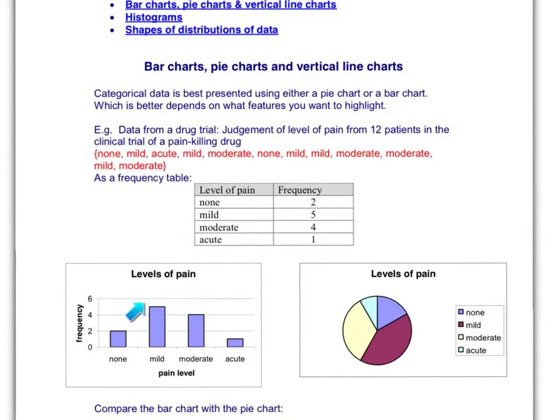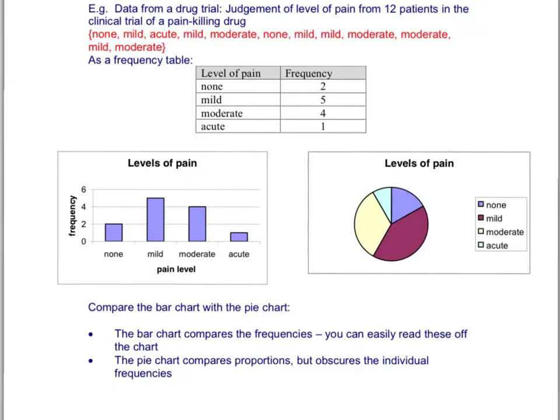And over here we've got a bar chart and then a pie chart. We know the total angle equals 360 degrees around this pie chart. So if we want to work out the angle of, say, mild, we can simply work out the percentage of mild people and times it by 360 degrees.